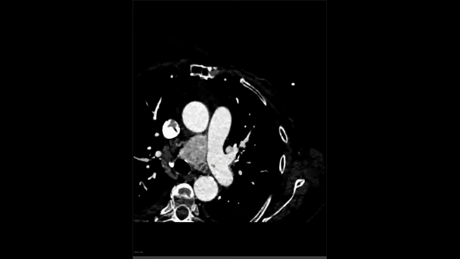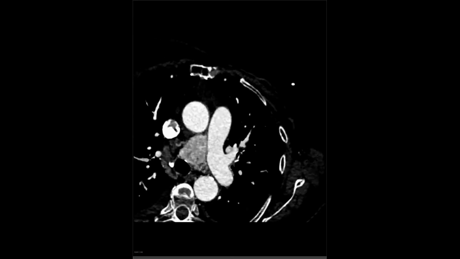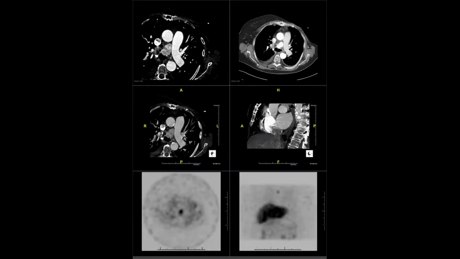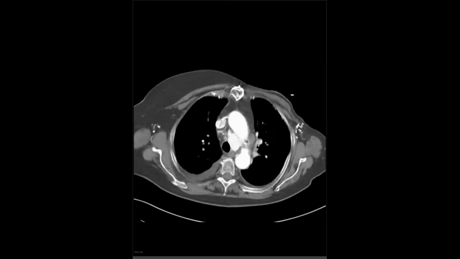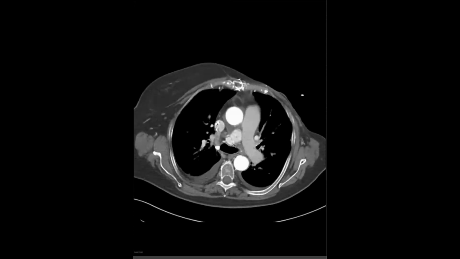It's on the top of the image, and it's probably in the superior aspect of the pericardium. And on this sequence, which is a few seconds afterwards, maybe 5 to 10 seconds later, we see it's become even more avidly enhancing, with probably still a couple areas that are hypo-enhancing.